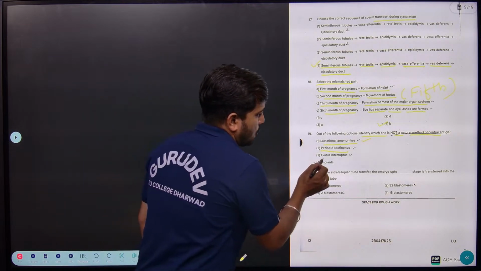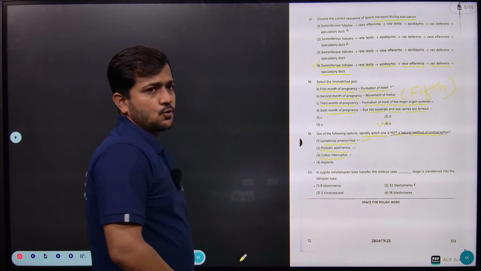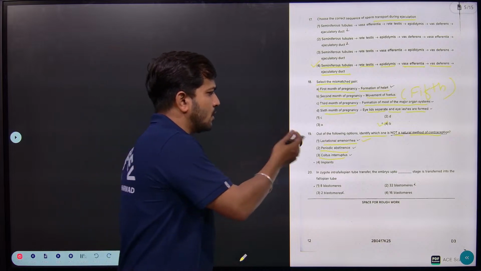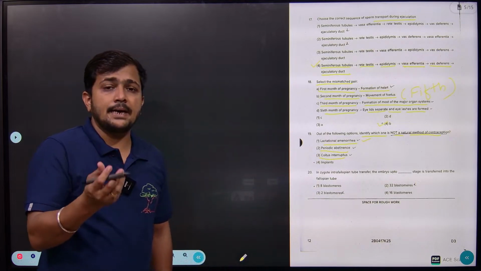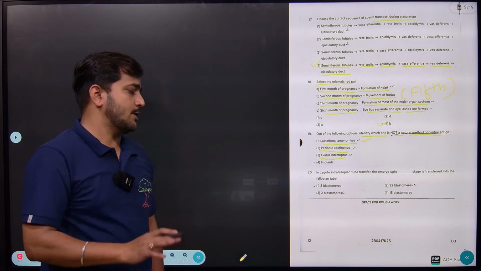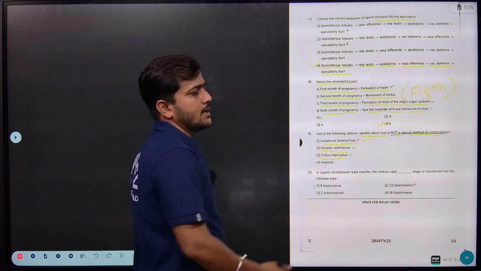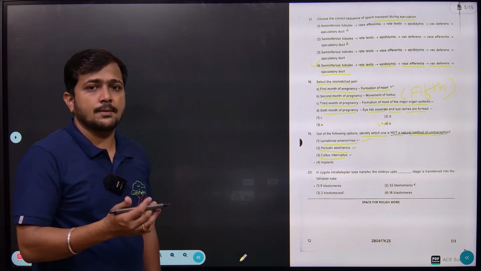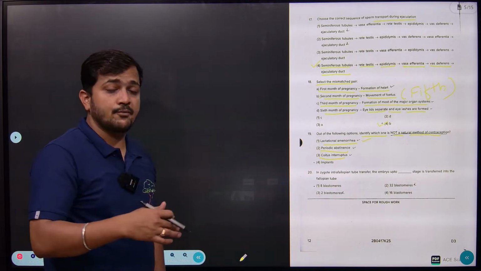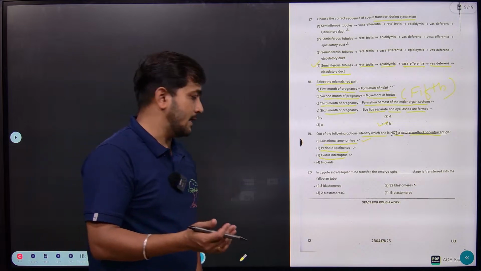Then coitus interruptus, right? Here we do not allow the sperm to meet the egg, that is what we call coitus interruptus, removing the penis from the vagina before the sperm get released, right?